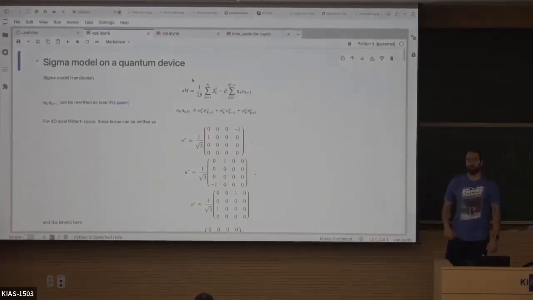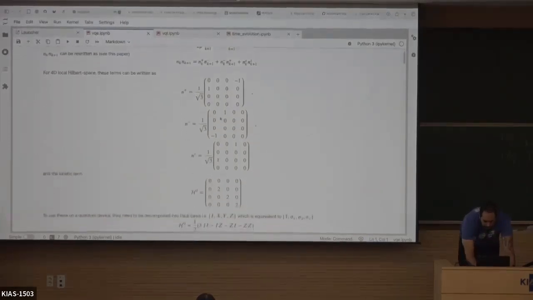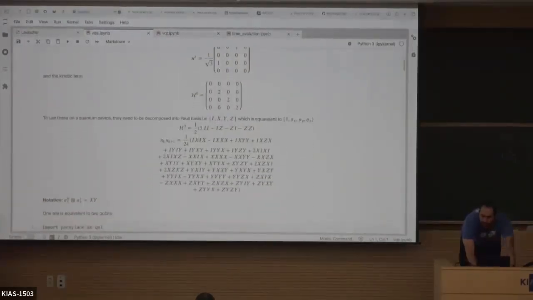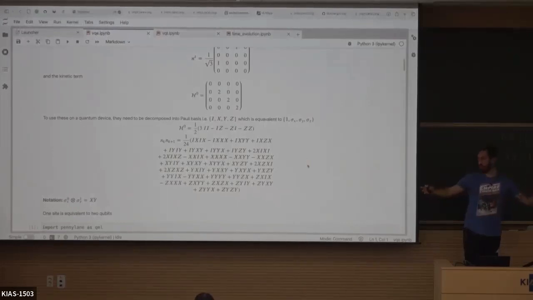I need to convert this and write them one by one in terms of Pauli matrices. So how does it look? As you can see, H0 is the interaction term. As I told you, it's diagonal. This is what it becomes when you write it in terms of Pauli matrices. It becomes a really long chain.